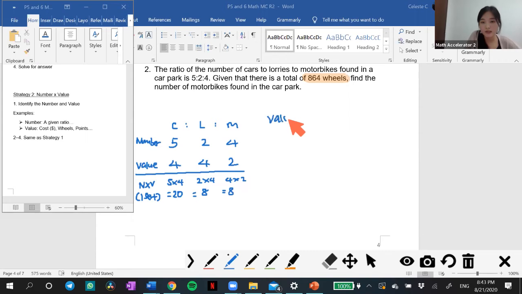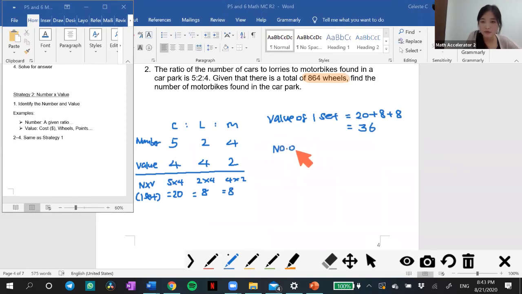So what's the value of one set? Okay, you add them up. 20, 8, and 8. So you have 36 wheels in one set.